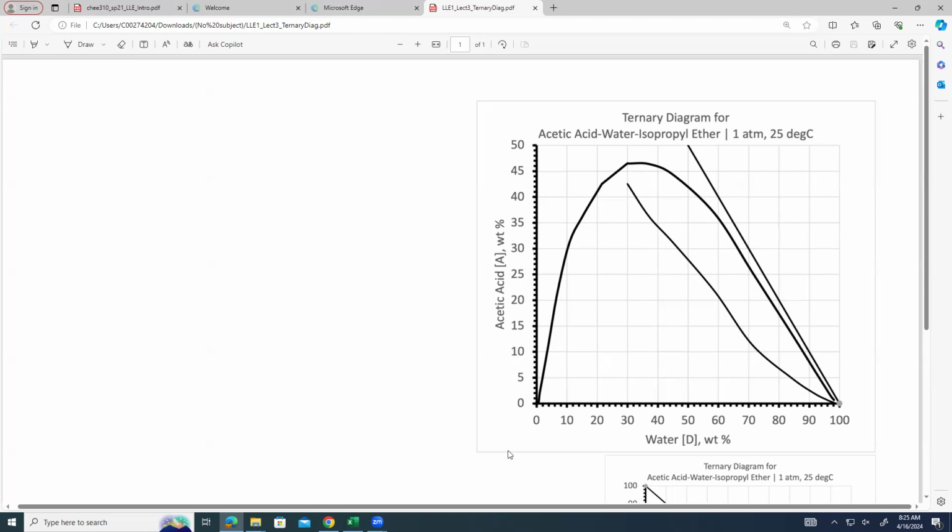So these points are pretty straightforward. For pure D, that's just a matter of going to this tip of the triangle where D is 100%, and that would be our point J. For pure A, it's the same thing, although I can't do it on this one, but it'd be probably somewhere right there.